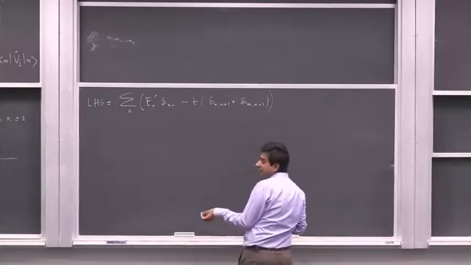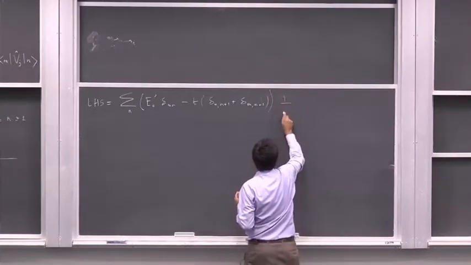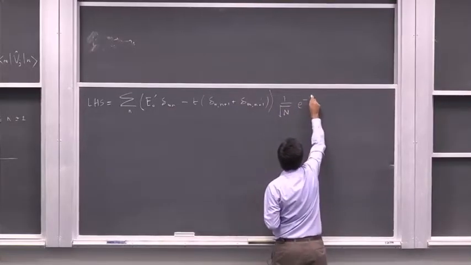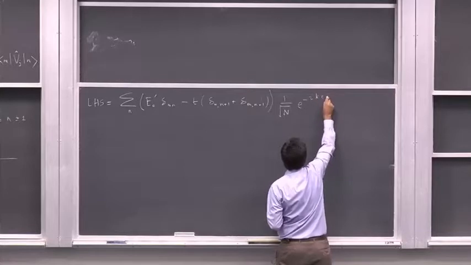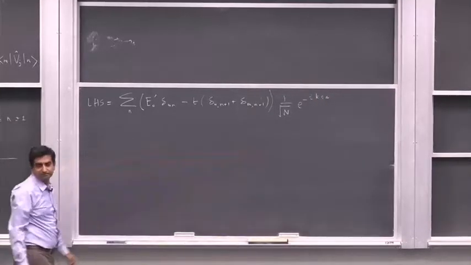Now this acts on C_n. C_n, my trial solution, is 1 over root N e raised to the power minus i k n a. This is the coefficient of my trial solution.